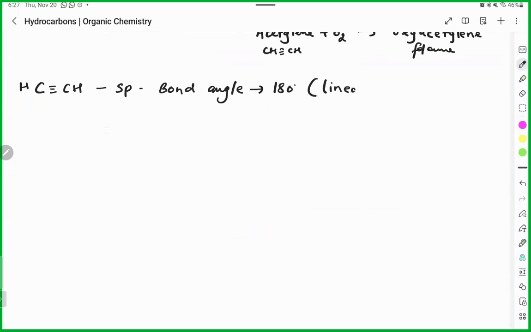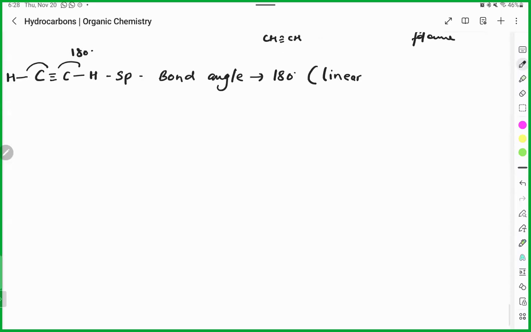Shape will be linear. Okay? Shape will be linear, 180-degree. And how do we know that? This is given in the chemical bonding chapter, where you get an idea based on the hybridization. Here you have hydrogen, here you have hydrogen. So this bond angle is 180 and linear.